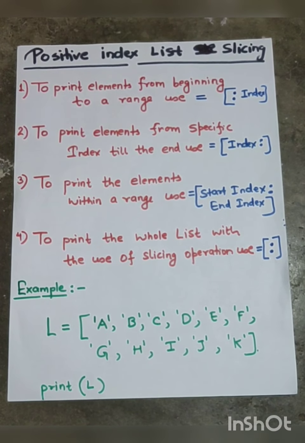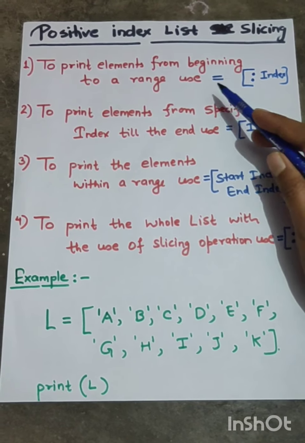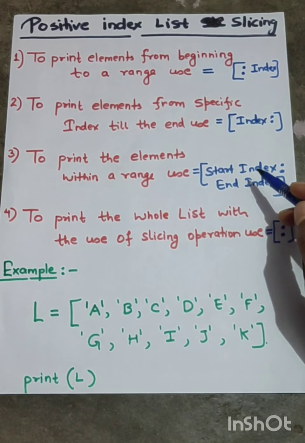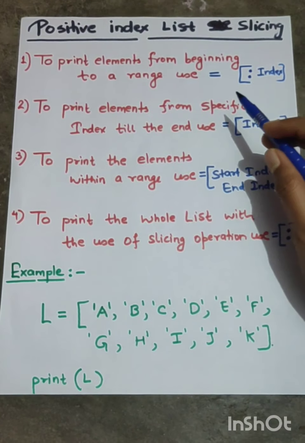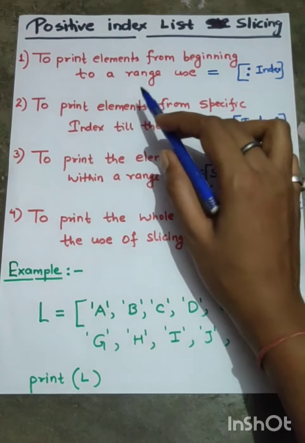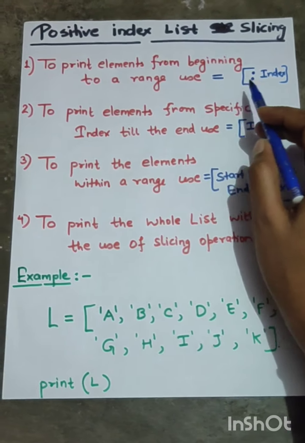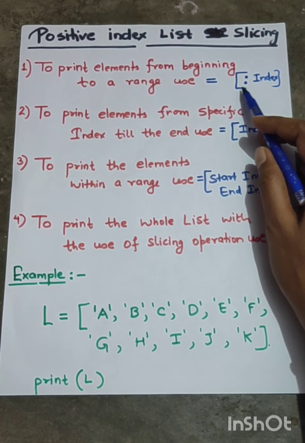So now I am going to start positive index list slicing. By using these 4 different ways you can perform positive index list slicing on your list. The first one is to print the elements from beginning to a range. So here you can use this colon index. What is the meaning of that?